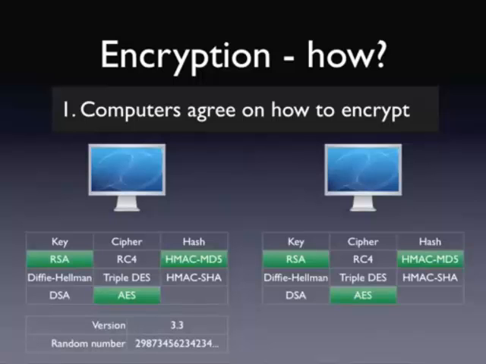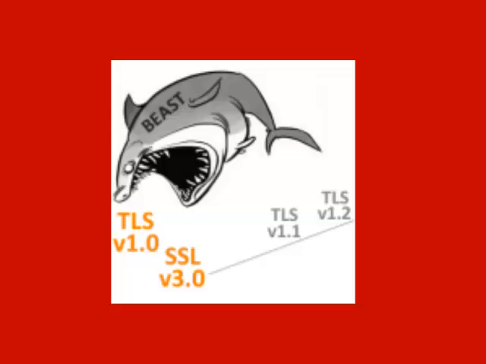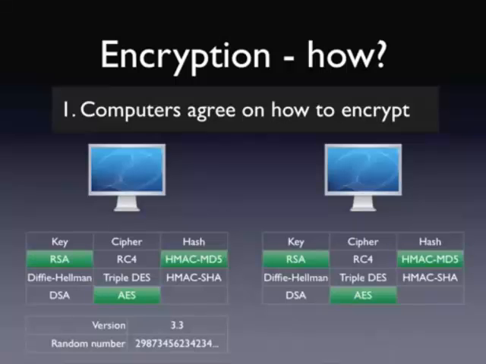Then the third is the hash, which is used to generate something called a message authentication code, which is sent along with these messages so that integrity is ensured. Version 3.3 indicates TLS, and the random number is used to compute the master secret number, then used from then on to calculate the encryption keys.